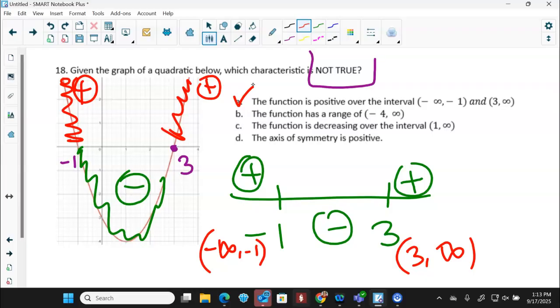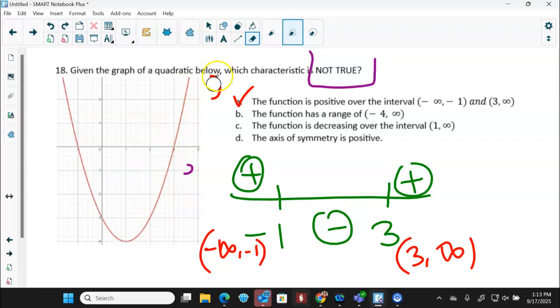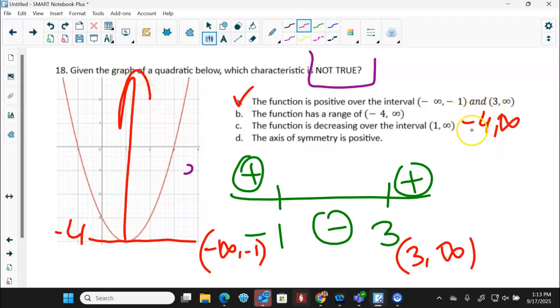Next one, range, okay? Remember that range represents y value, and it goes from the bottom up. So since our parabola is upside, downside, we are going to look at this line right here at -4 when it starts. And where is it going? This way. The range is -4 to infinity, okay?